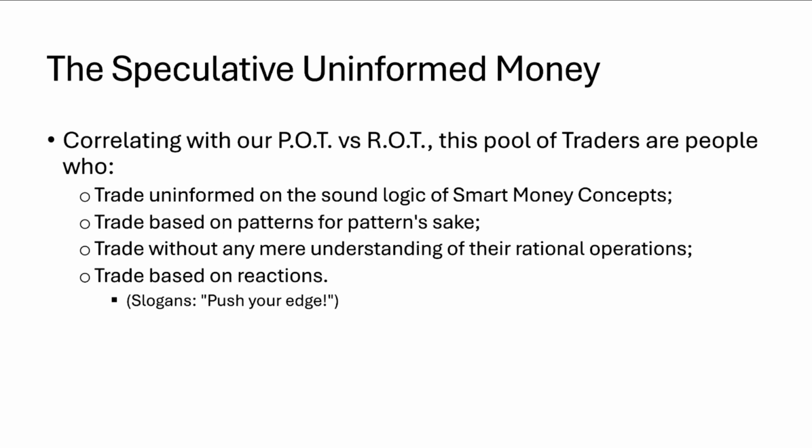They're going to trade without any understanding of rational operations, which means that they're not going to trade based on logic. They're not going to be aware of the fact that the market does not deliver based upon their emotions or the patterns or whatever they use as a mechanism to get into a trade. And they're going to trade based on reactions. And one of the major slogans is to push your edge because it works until it doesn't.